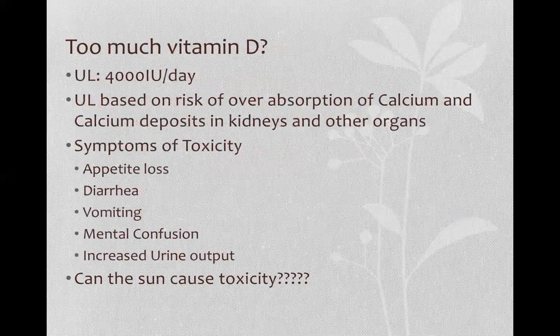If you were to exceed 4,000 chronically, meaning for a long period of time, it is possible that you could overabsorb calcium, and then calcium could form these calcium deposits, kind of like what I talked about with cardiovascular disease. There are additional symptoms of toxicity, and supposedly it can be even able to cause death. I have not heard of any cases of that, but I guess it would be possible.